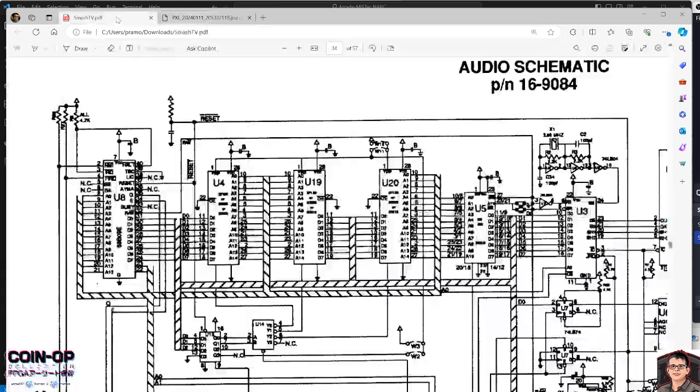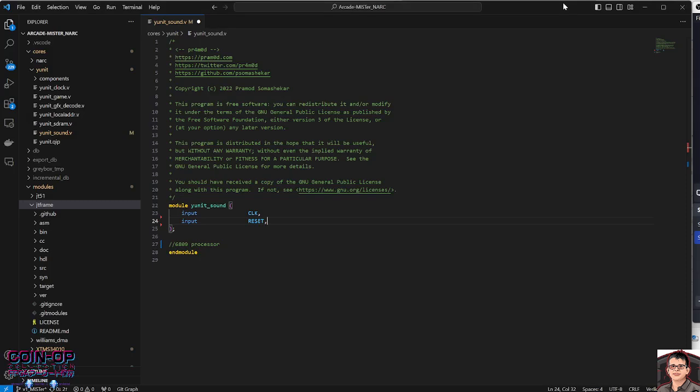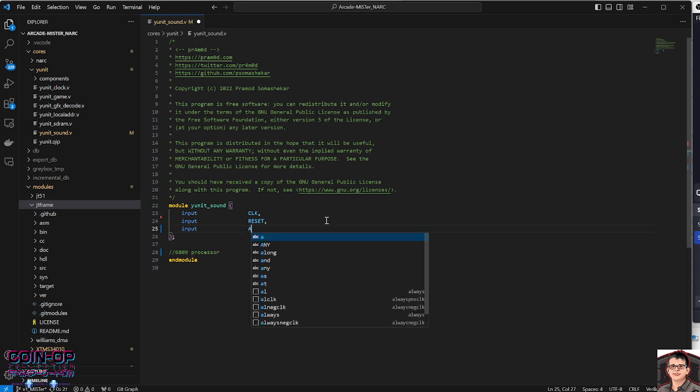So what I'm going to do in my Verilog code is declare an input, let's see what an appropriate name is, maybe sound prog D out, and have that be 7:0.